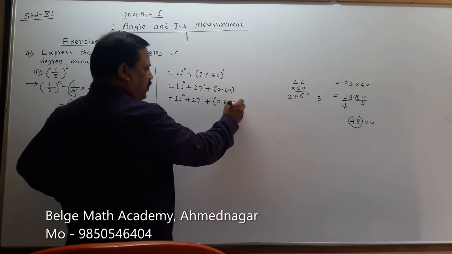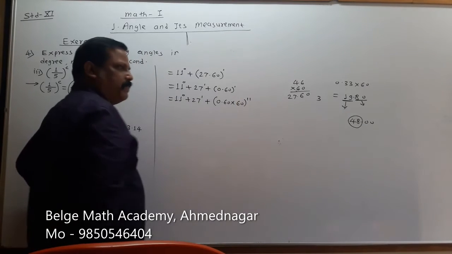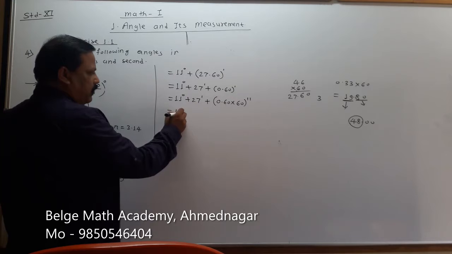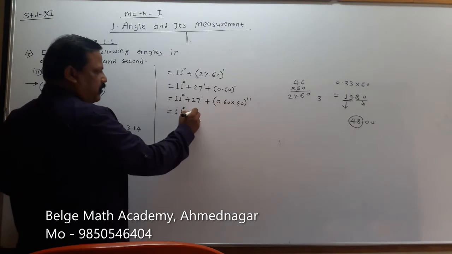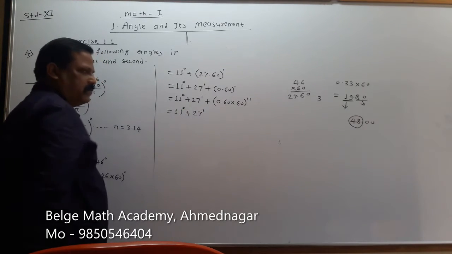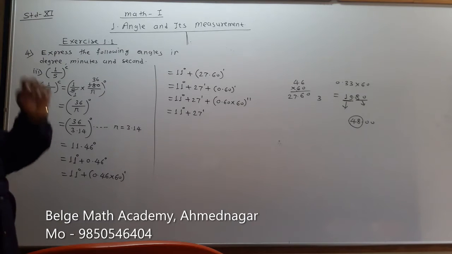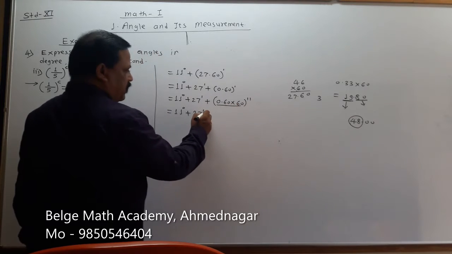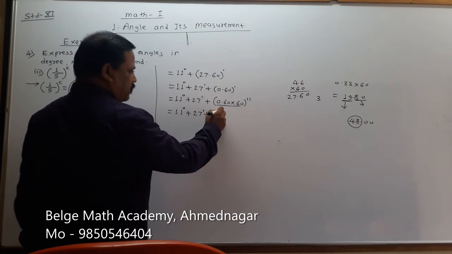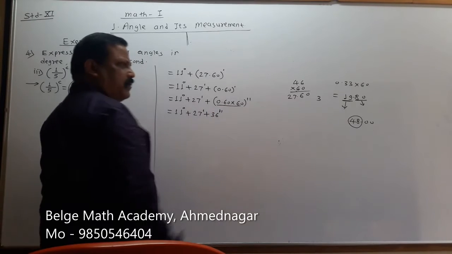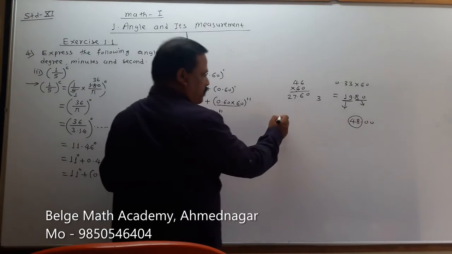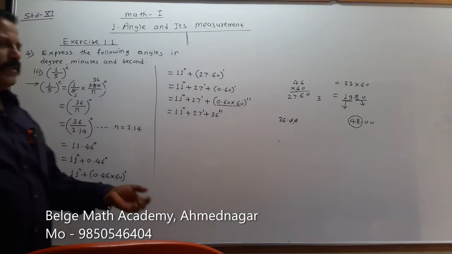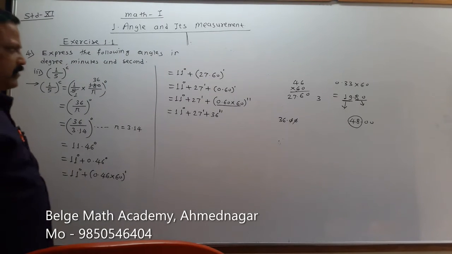So 0.60 multiply again by 60 to convert it into seconds. And this multiplication is 36. Actually it is 36.00, but the decimal part is 0, that's why we write it as 36.